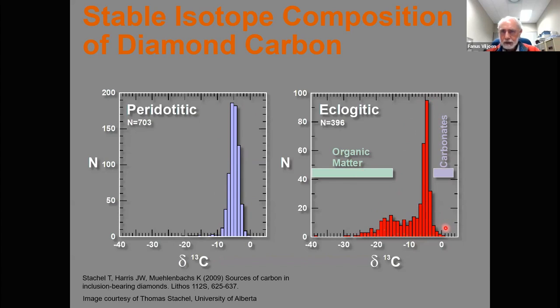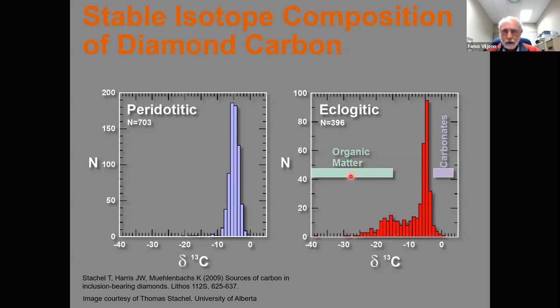And some of this range in carbon isotopic composition also corresponds to the carbon isotopic composition of carbonates. For example, carbonates that you might find on the ocean floor associated with pelagic sediment, or for that matter, associated with alteration of oceanic crust.